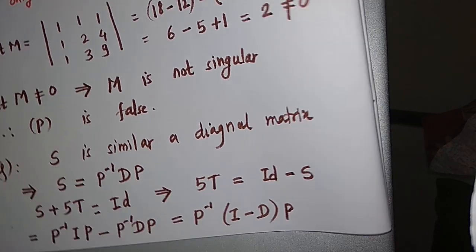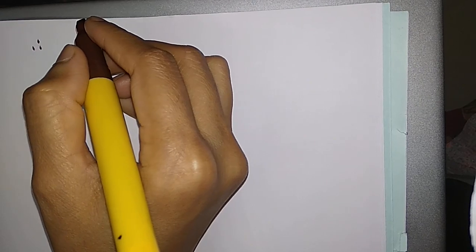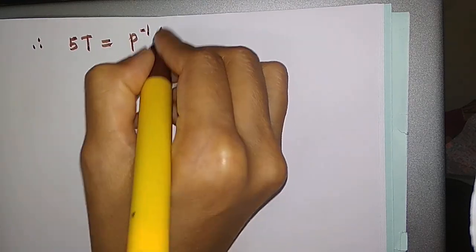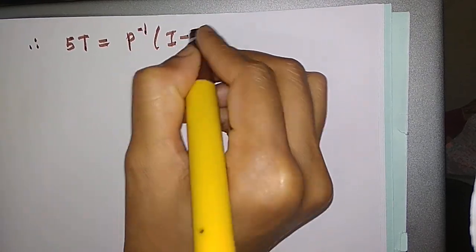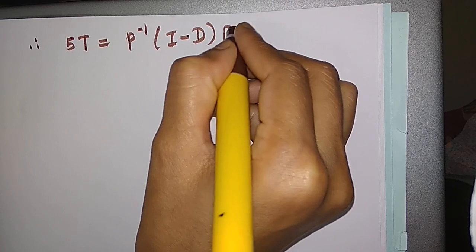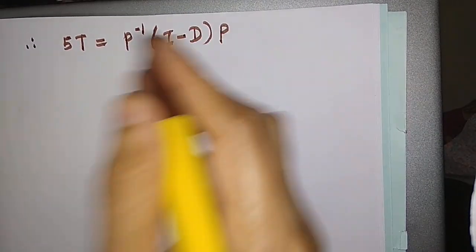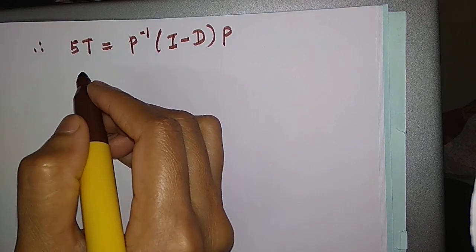Therefore 5T is equal to P inverse (identity minus D) into P, where P is an invertible matrix and this 5 is just a scalar.